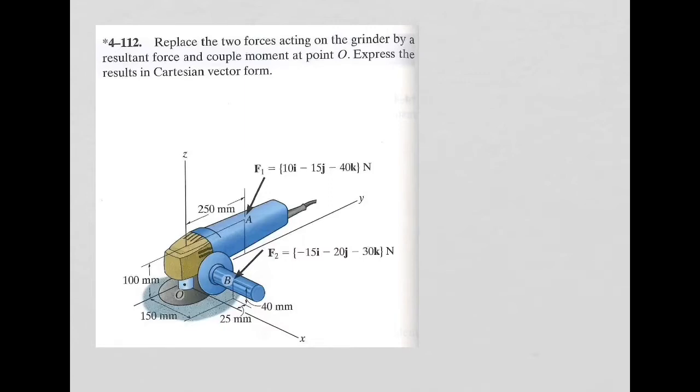At this moment, the only thing we are trying to get is to replace the original system with forces applied at different points. Like you can see here in this example, you have a force F1 applied at point A and a force F2 applied at point B. So we want in this example to replace this system with an equivalent system with a force and a moment applied at point O.